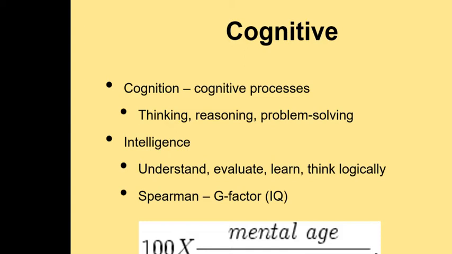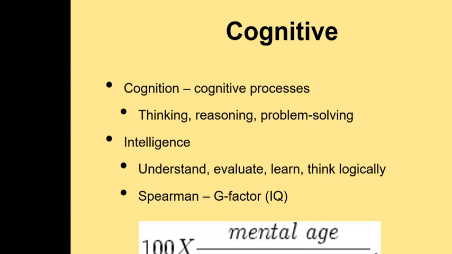So the mental age is 9 over 11 times 100, which would mean that their IQ, I have to work it out, I don't have a board in front of me, which is unfortunate. But 9 divided by 11, how many times would it go in? About 8 times 100.